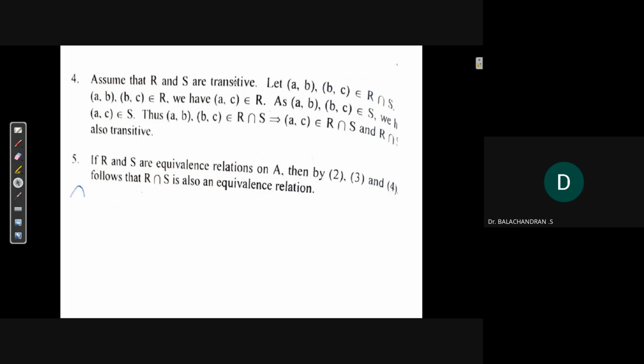Next, transitive. Assume R and S are transitive. We should prove its intersection is also transitive.